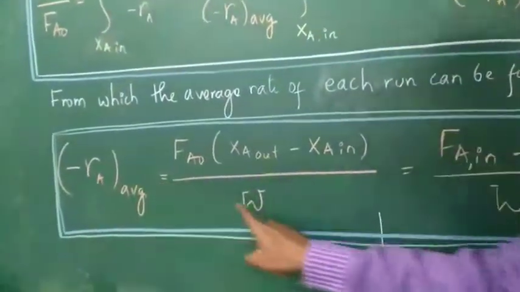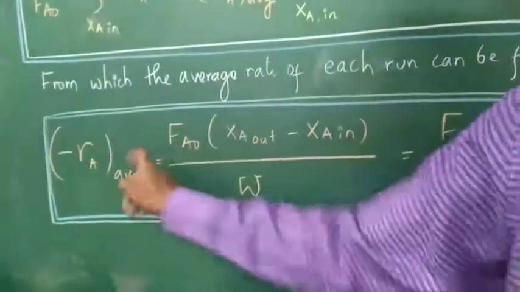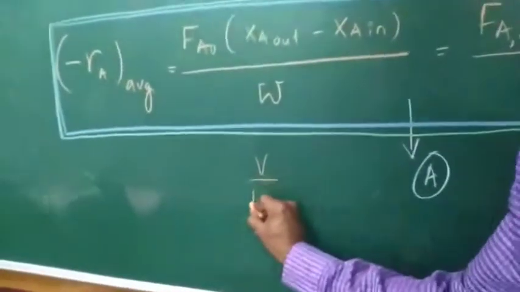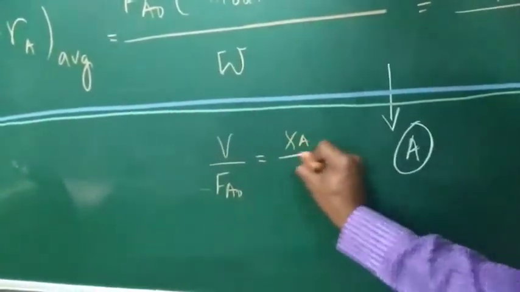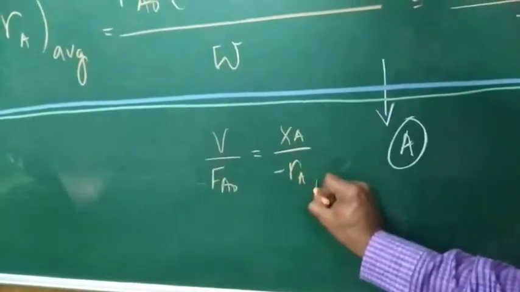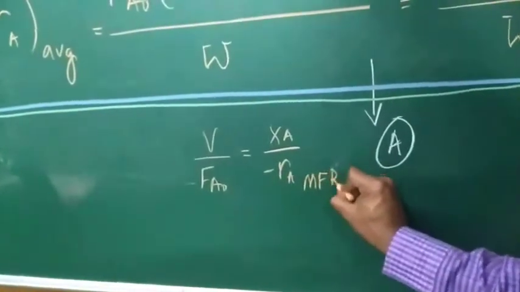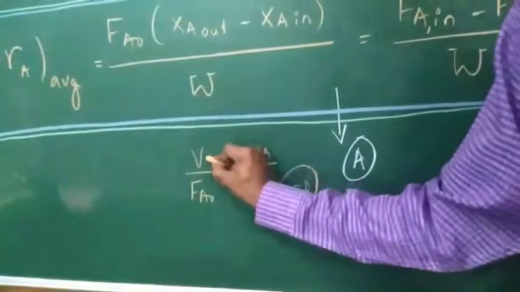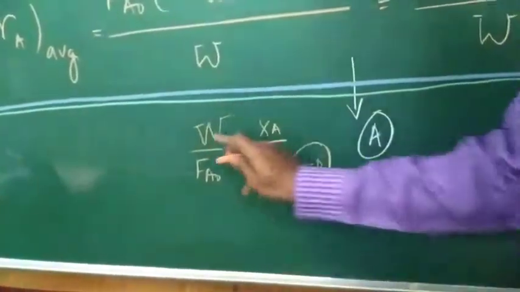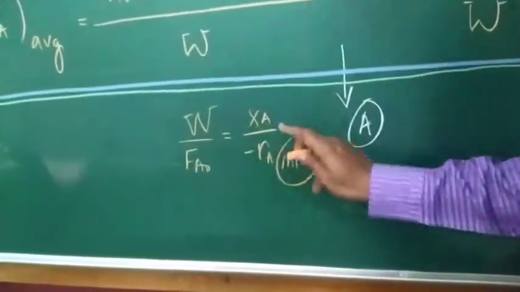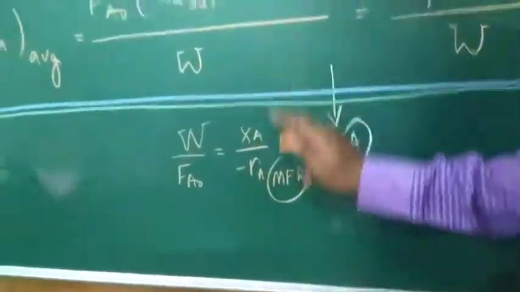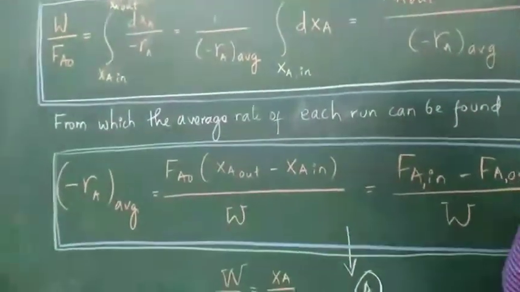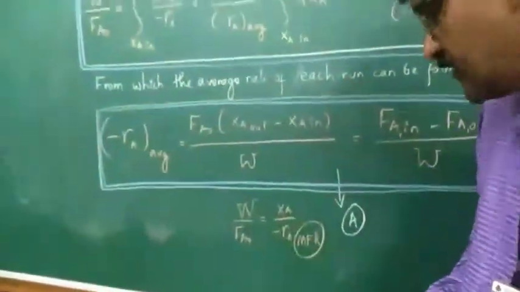So this is the mixed flow reactor equation. Here V becomes W, so W by Fa naught is equal to Xa by minus Ra. How do you calculate Xa? It is Xa out minus Xa in. Minus Ra is already calculated. Can I write like this? So Fa will be coming here. You can see here.